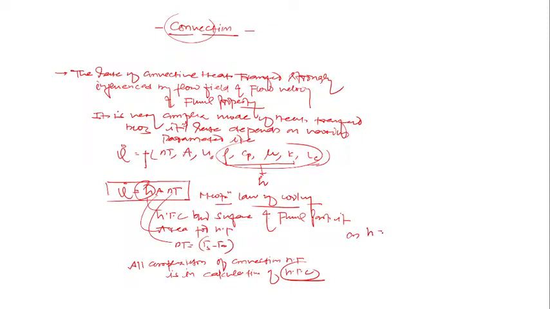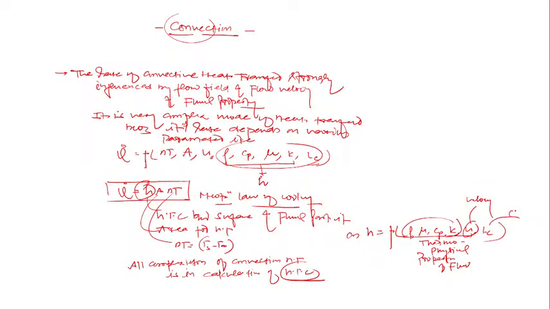The heat transfer coefficient h depends upon a number of parameters like density, viscosity, Cp, thermal conductivity, velocity, and Lc, which is called the characteristic length. These are called thermophysical properties of the fluid, except for U. U is the velocity, and Lc is the characteristic length.